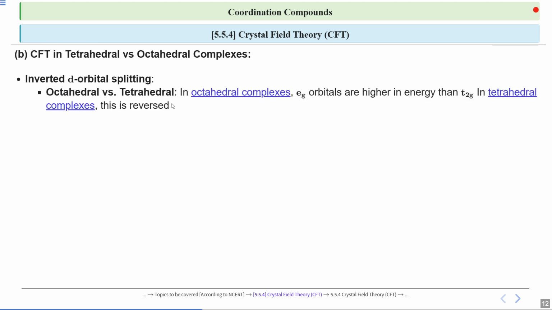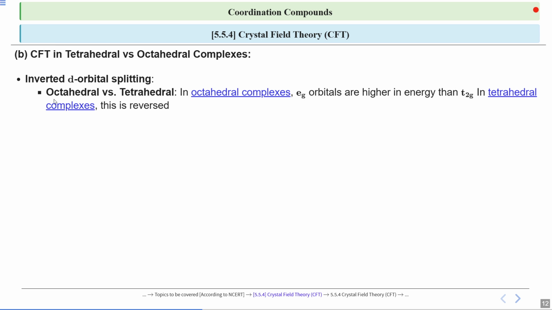Octahedral versus tetrahedral: in the octahedral complexes, if you remember, the eg orbitals are placed higher in energy than the t2g set.